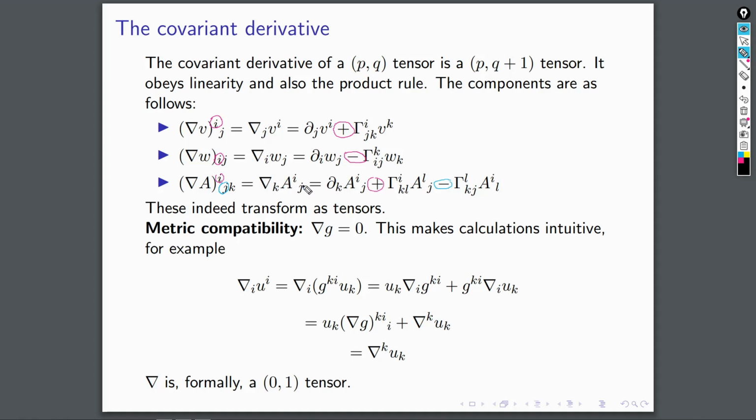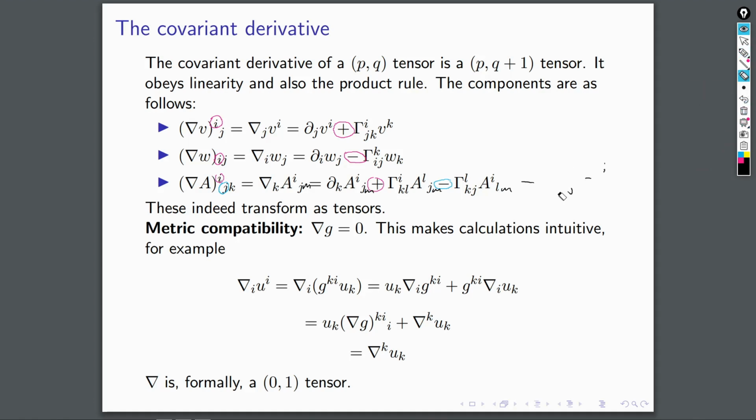So if we had an m here, we would just have another term with another gamma.